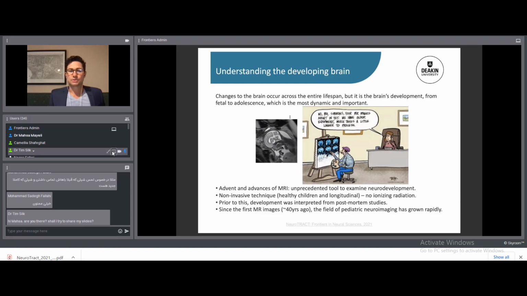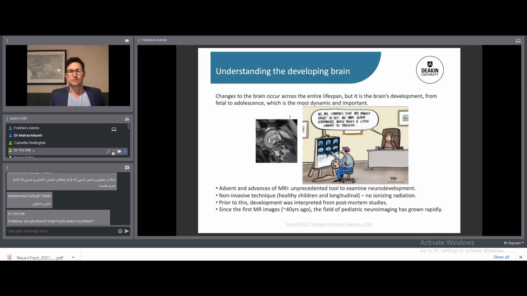And so since the emergence and many of the advances of MRI, this has really given us unprecedented opportunity to examine and understand how the brain develops. I think it's really important to keep in mind that it's only been in the last sort of 40 years that we've had this opportunity. Prior to that, there were some brain imaging techniques, but they used ionizing radiation.